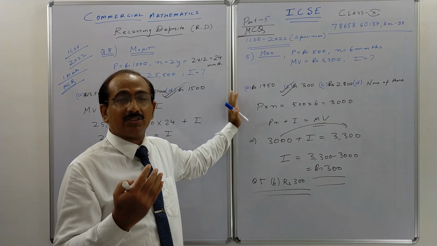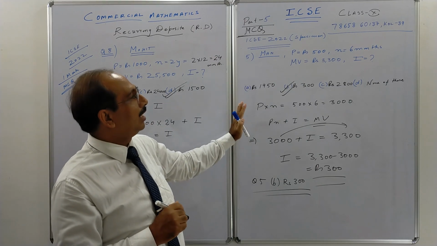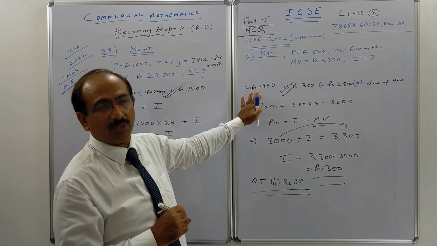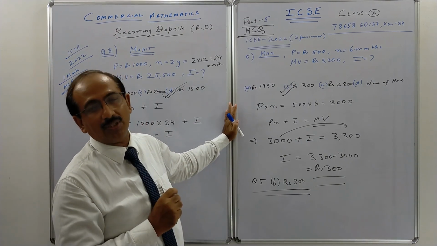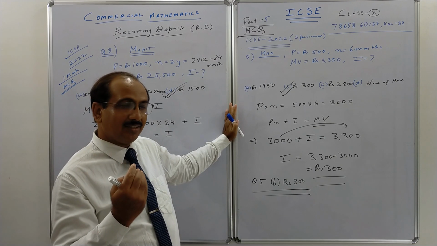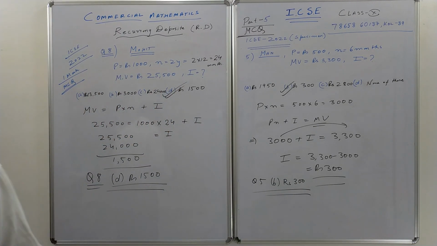Actually it's a traditional question made into a 4 mark MCQ, broken into 4 parts to give you MCQ type questions. So please pause the video and copy. Then we move on to the last question of this part 5 video on recurring deposit.